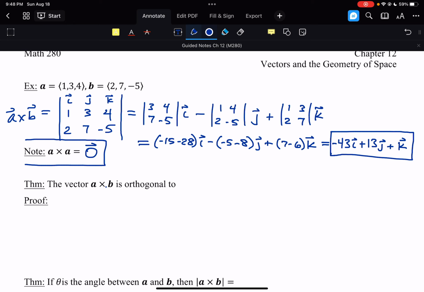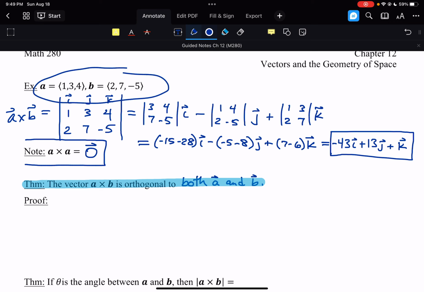So the vector A cross B, this new vector we created, is orthogonal to both A and B. It is orthogonal or perpendicular to both of the vectors that went into it. Again, this vector negative 43i plus 13j plus k is orthogonal to both of those original vectors that went into it.